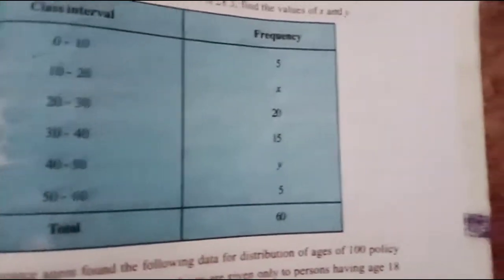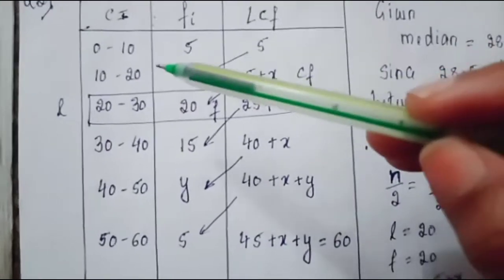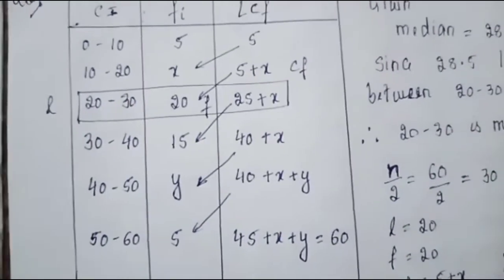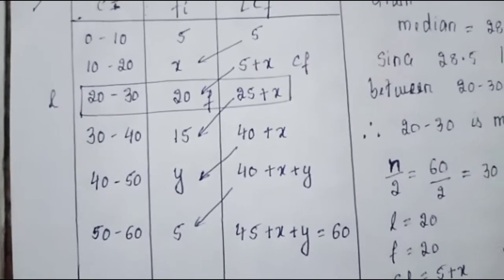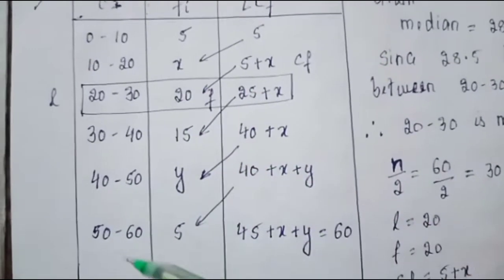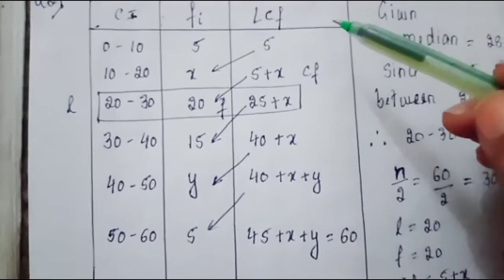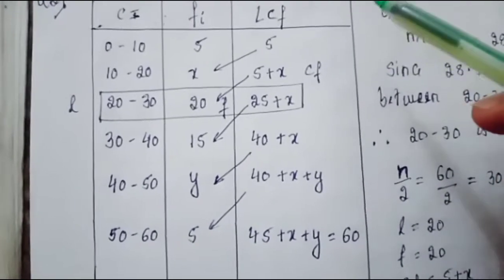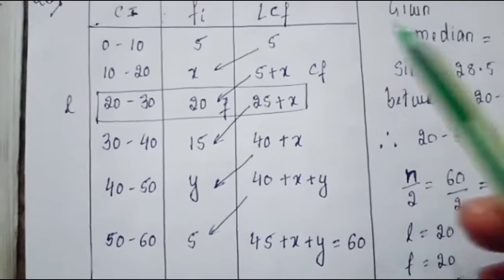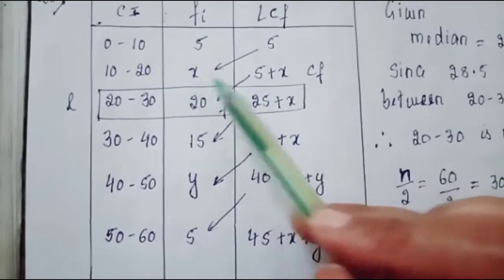Now let us start. He has given 2 columns, class interval and frequency. For the class intervals, just check whether they are exclusive or inclusive. All are exclusive, so no need to convert. And as usual, we go with the third column, LCF, that is less than cumulative frequency. So as usual, we add: 5 as it is, then 5 plus x.